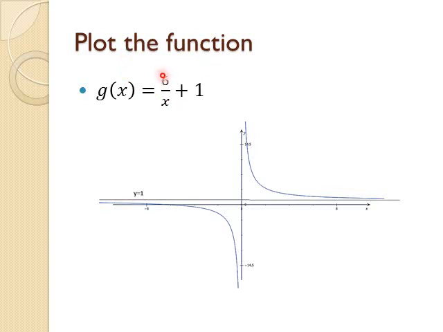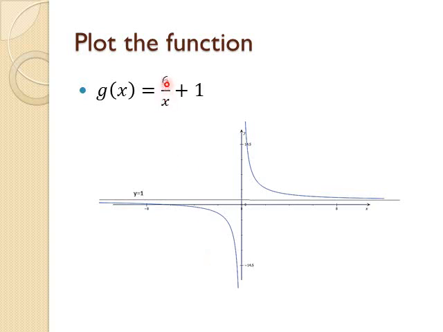We plot this function plus 1, and you can see there's my asymptote. When x is 0, it would be undefined, so there's my vertical asymptote, x equals 0, and horizontal asymptote, y equals 1. My graph would be in the first and third quadrants because my a value is positive.